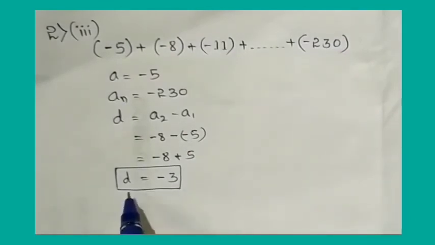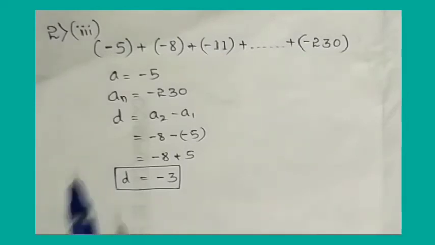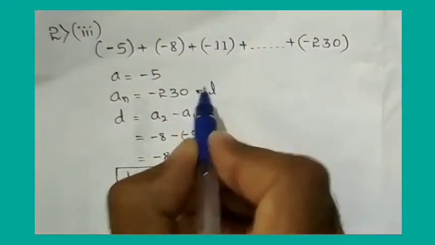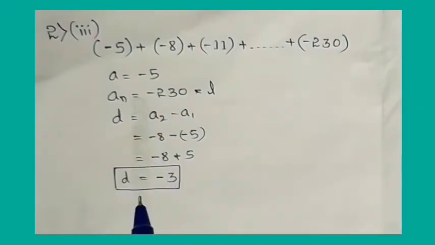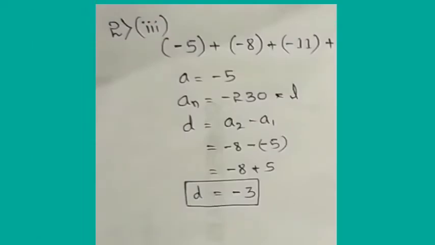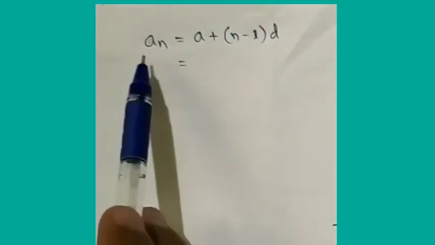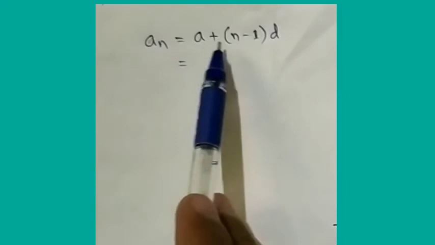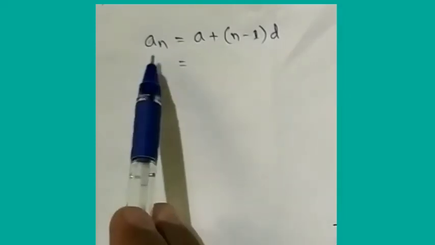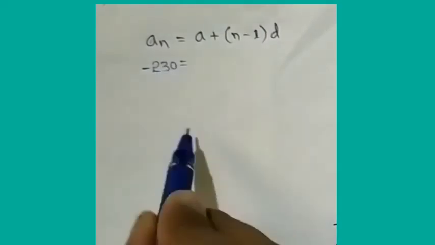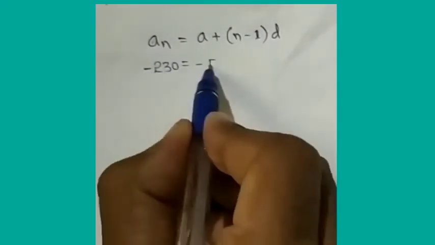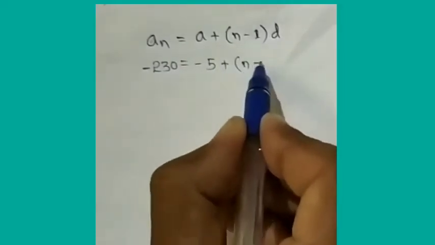Now we got the d, we got the a, we know the an, which you can mention as l also, that is the last term. But in our formula, what do we need? We need n, the number of terms. For that we have to use the an formula. In the an formula, an equals a plus n minus 1 into d. What is an? We know, that is minus 230. a means minus 5 plus, we don't know n, keep it like that only, into d.